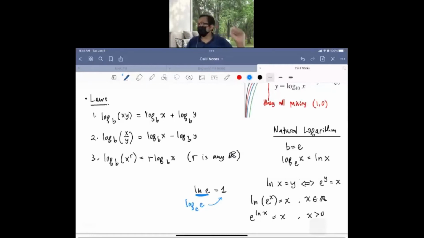So what you need to remember here is that when we talk about e, it's not a variable, it's a constant. It's a number, an irrational number, which we define as 2.718 and so on, with long decimals.